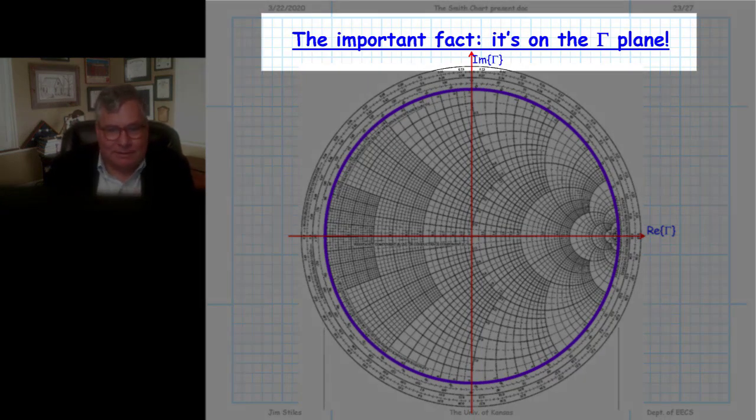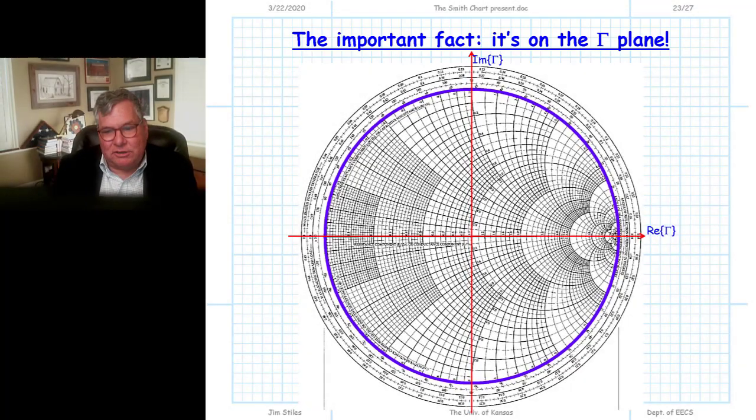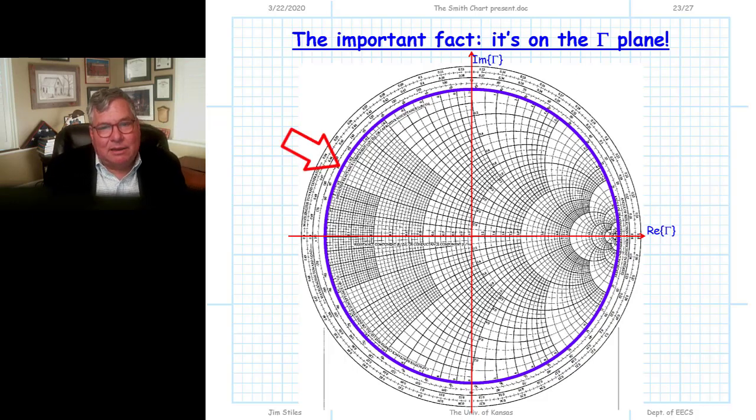It doesn't say it's on the complex gamma plane, but don't let that fact ever leave your mind when you look at a Smith chart. The Smith chart is circular, and the boundary of the Smith chart is the unit circle. We are plotting the mappings of the complex impedance plane onto the complex gamma plane that reside inside of the validity region, that correspond to impedances whose real part are positive resistances.